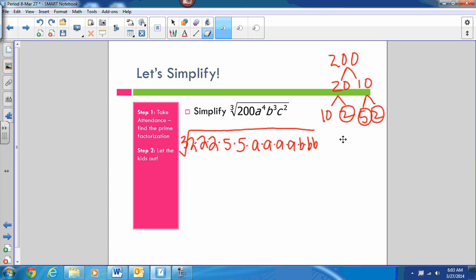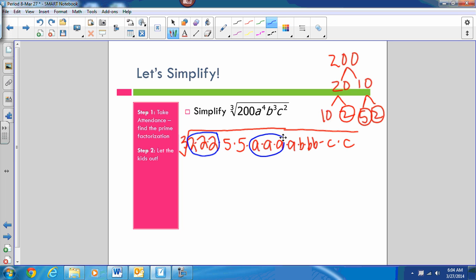I know you can't on your paper probably, but I can on mine. Times C times C. Okay, this time my index is 3, so I'm looking for triplets. I got a triple of 2's. I got a triple of A's. I got a triple of B's. All these things are going to go out.